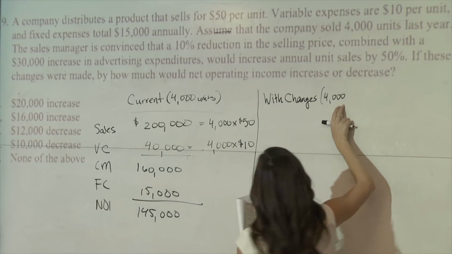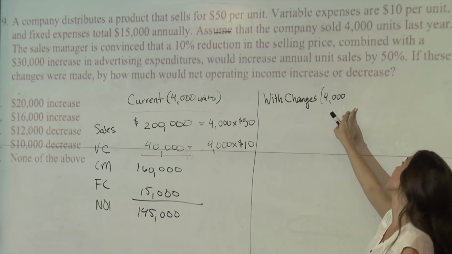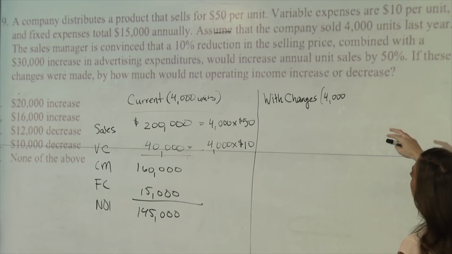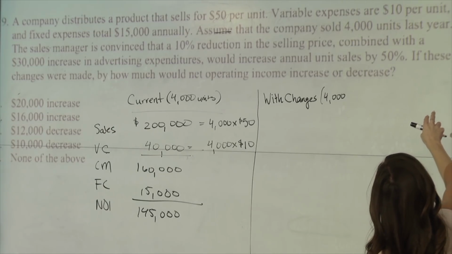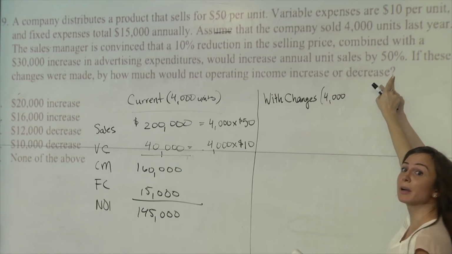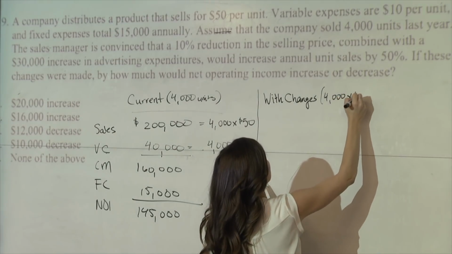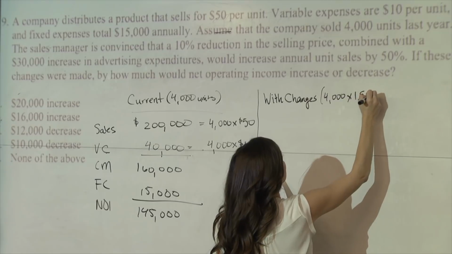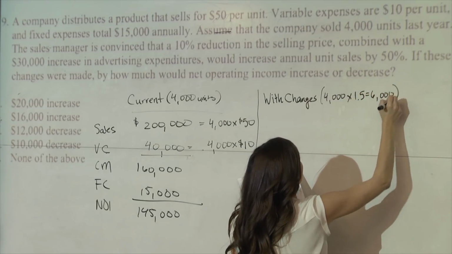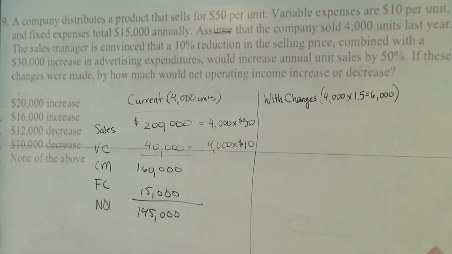So before we had 4,000 units, we're not going to have 4,000 units anymore because, as mentioned in the question, we expect that annual unit sales will increase by 50%. So what I've done is I've just multiplied by 1.5 because then the result I get represents an increase of 50%.